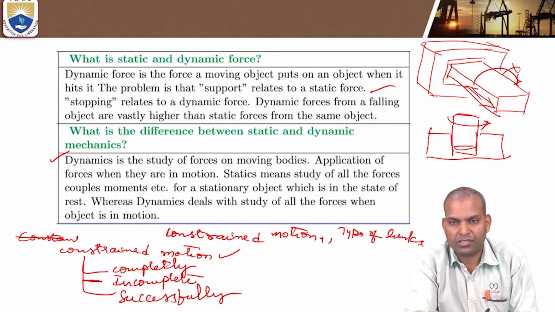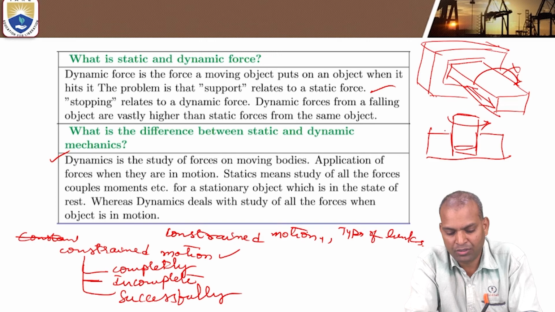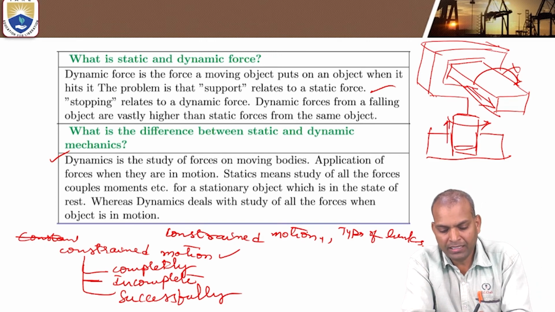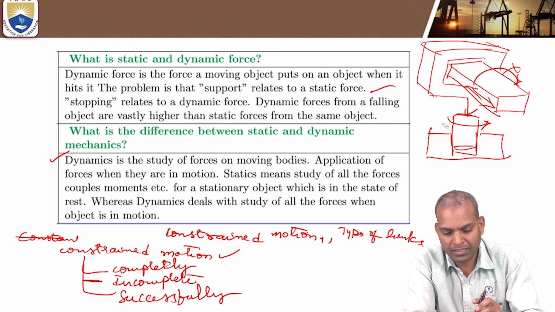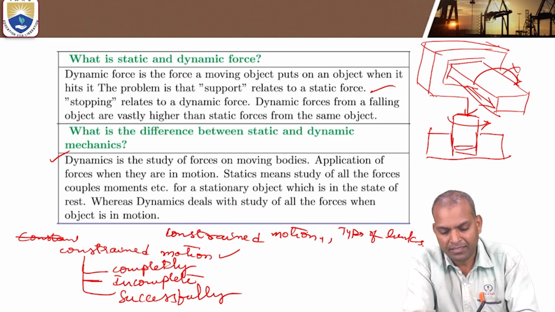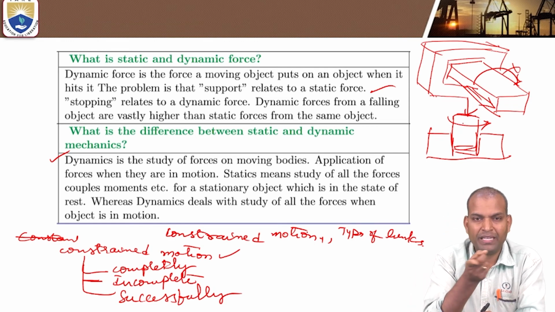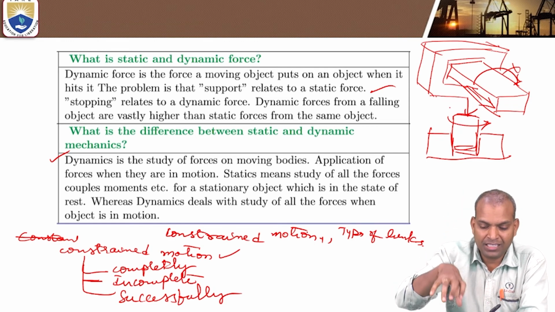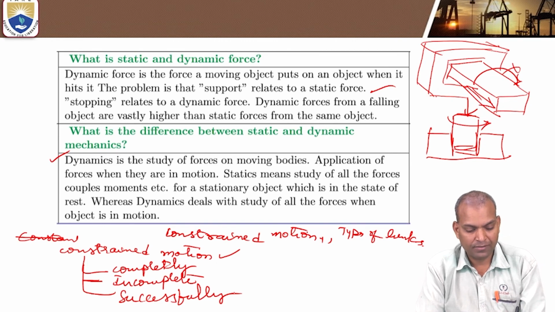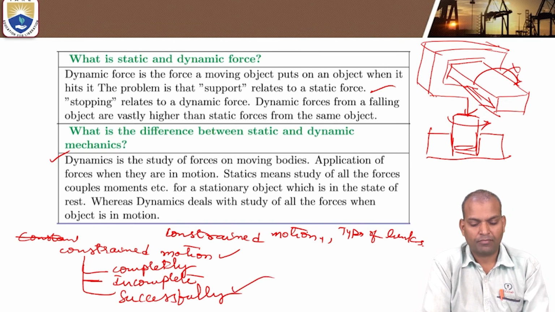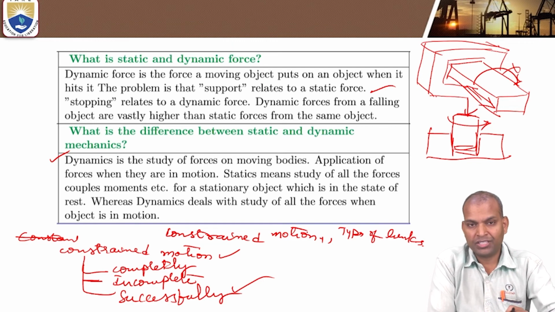When it rotates, it has a tendency to rotate and also come out. By applying the external load, what will happen? It will stay inside the bearing and only rotate. Without the load, it is incomplete constrained motion. By applying the load, it becomes completely constrained motion. This type of motion is known as successfully constrained motion.